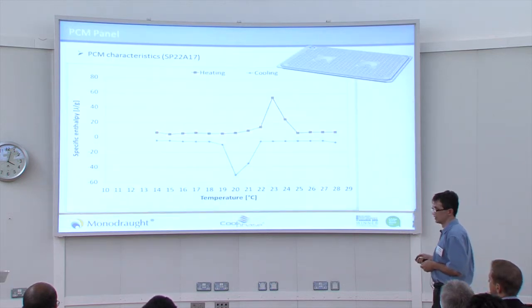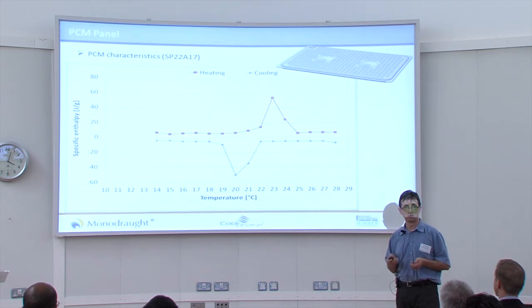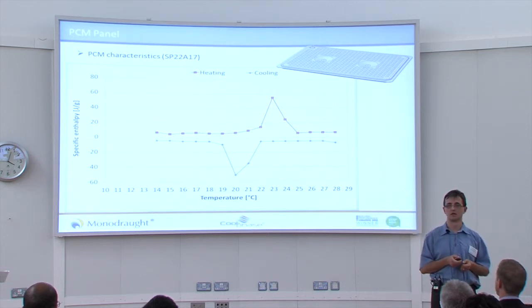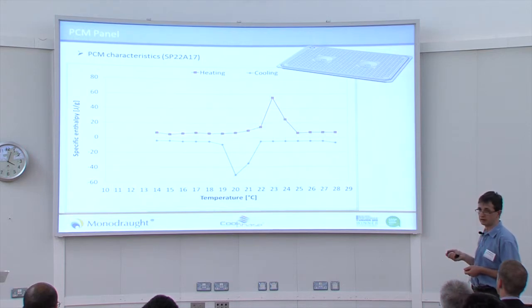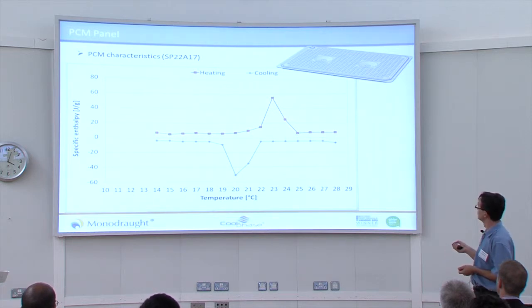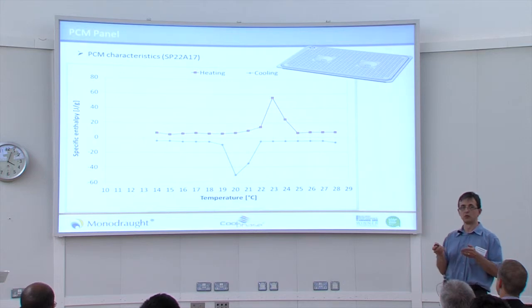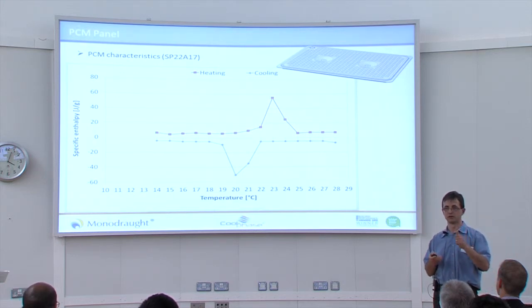Now, the first data we received from the manufacturer is the enthalpy diagram of the PCM material. The line in red is for melting, and the blue one is for solidification. So as you see, it's not like with water where we have a single degree of melting and solidification.